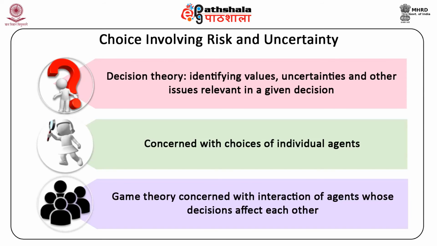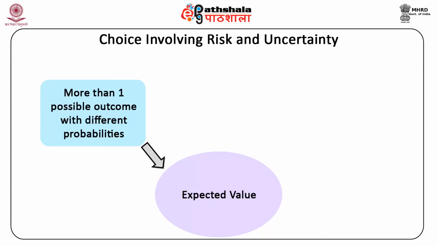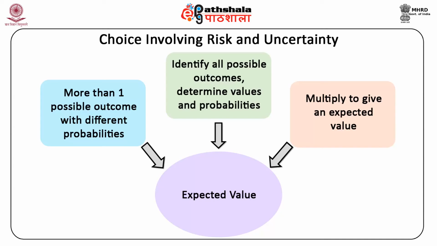This area represents the heart of decision theory. The idea of expected value is that when faced with a number of actions, each of which could give rise to more than one possible outcome with different probabilities, the rational procedure is to identify all possible outcomes, determine their values, which could be positive or negative, and the probabilities that will result from each course of action, and multiply the two to give an expected value.